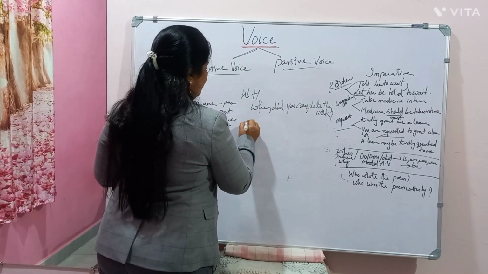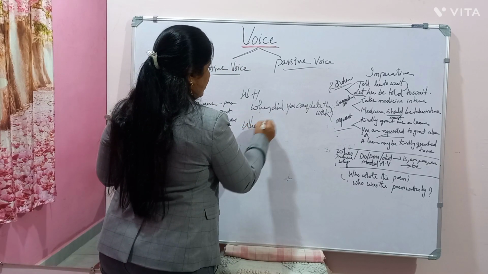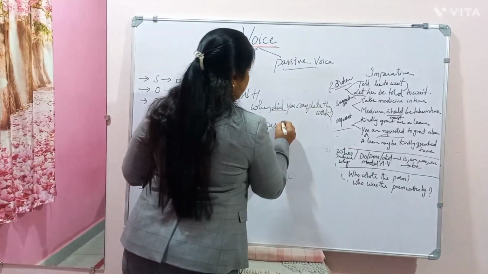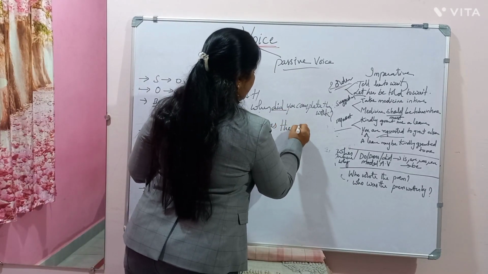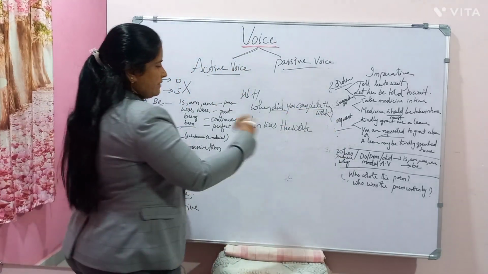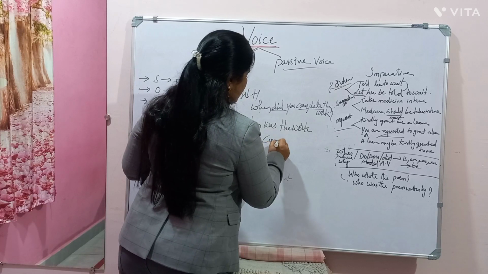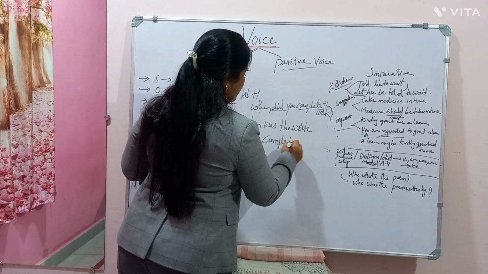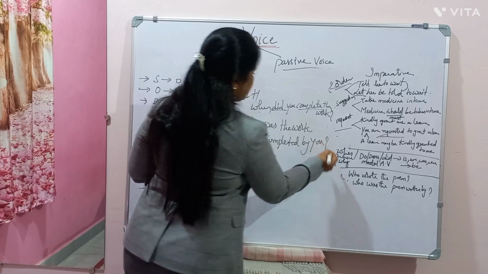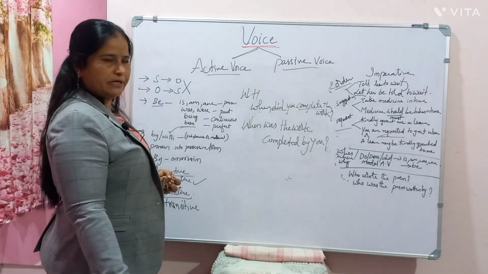When, did is the verb in past, so when was. Now the object comes here: when was the work? Verb 3 of complete is completed. When was the work completed by you?